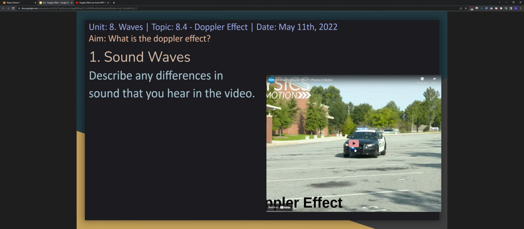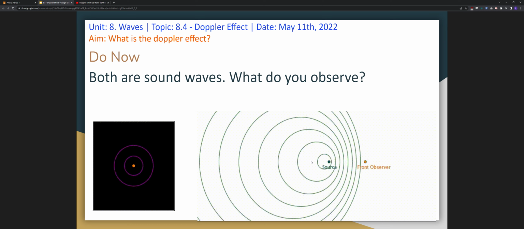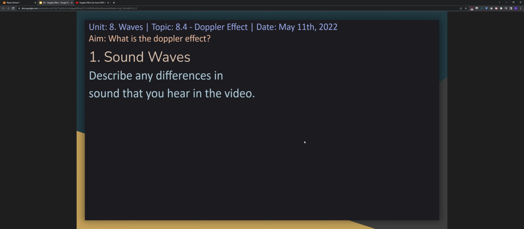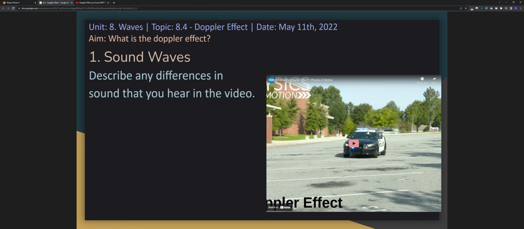Now, I'm going to show you a video. What you see here, a moving sound source, is something called the Doppler effect. If you've ever heard a fire truck siren or a police car passing by you, the sound it makes as it comes towards you is different from the sound it makes as it moves away from you.